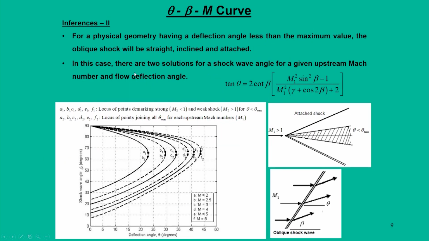Now, we will go to the second inference. For that same case, that means for M1 equal to 2.5, theta max is equal to 30 degrees, but in an actual wedge situation, if your theta is less than theta max, that means if this angle is less than 30 degrees, the oblique shock will remain attached.